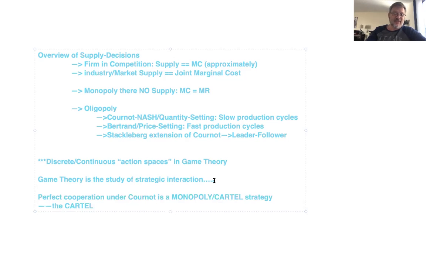They have to go out and do it themselves. That's the problem with cartels, is that the agreements aren't legally enforceable. But the cartel's best profit outcome is to behave as a monopolist.